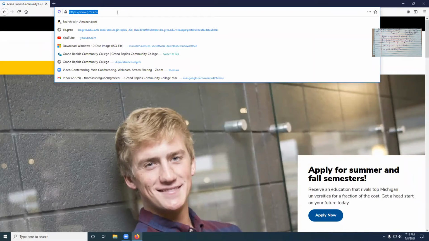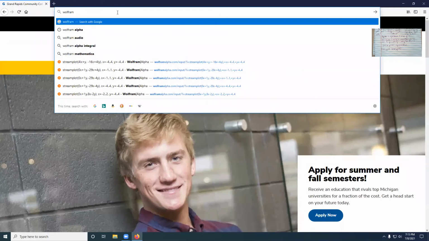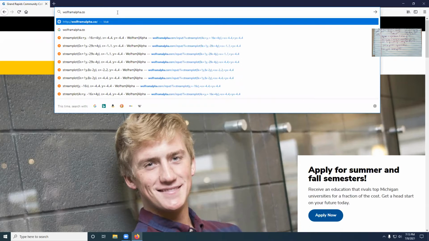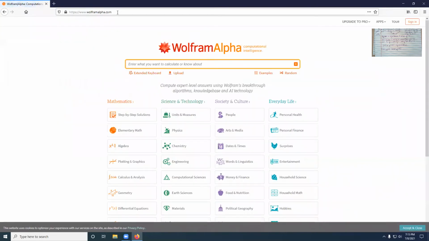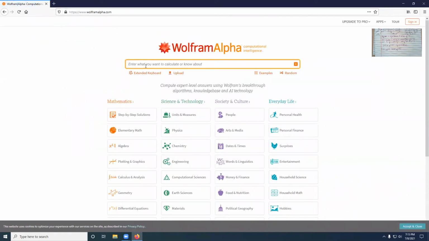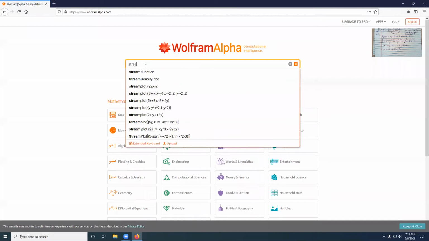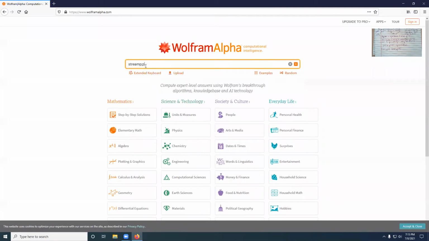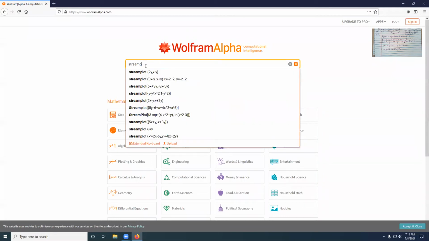Wolfram. And it's just waiting for a command here. So stream plot, if I can type it, stream plot is what we're after.